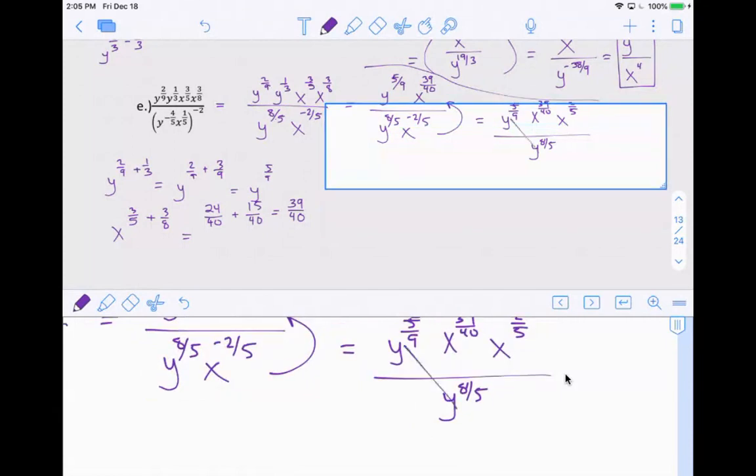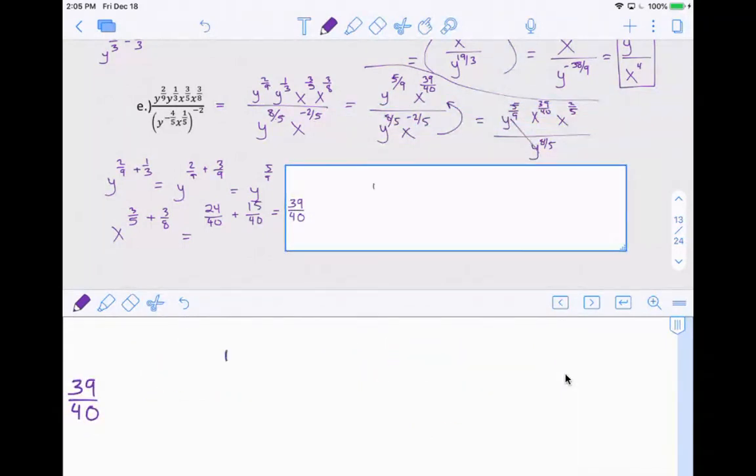Okay, I think I'm going to subtract these two. So y to the 5/9 minus 8/5. Remember, one of the best things about a video is you can pause and rewind. So if you got lost, you can go back and figure out where you got lost and keep going through.